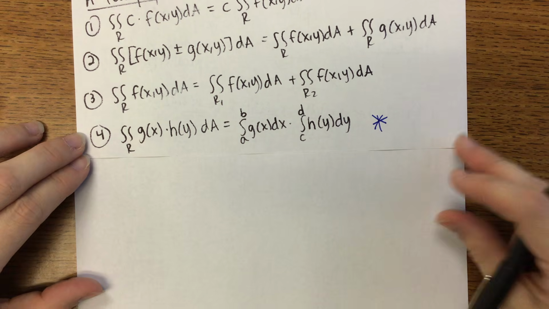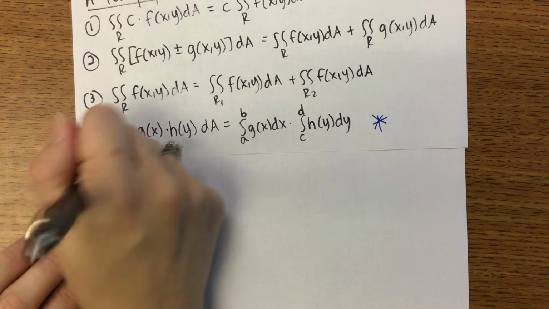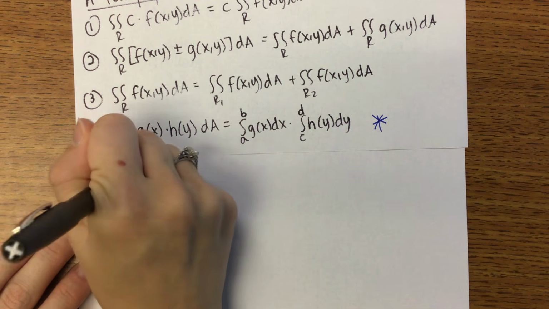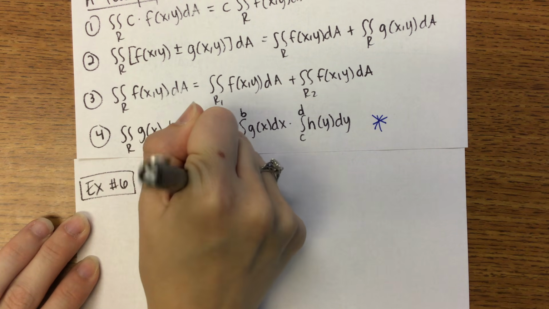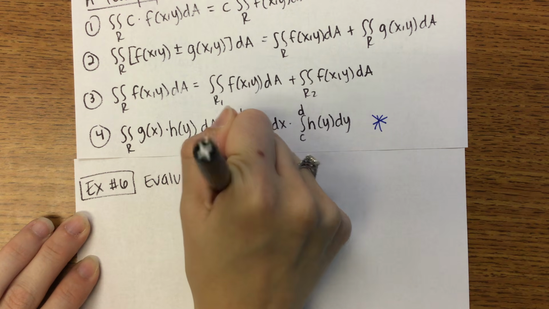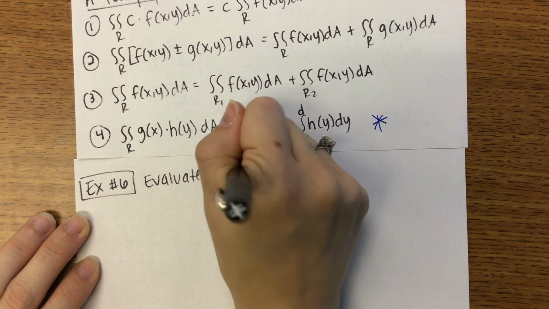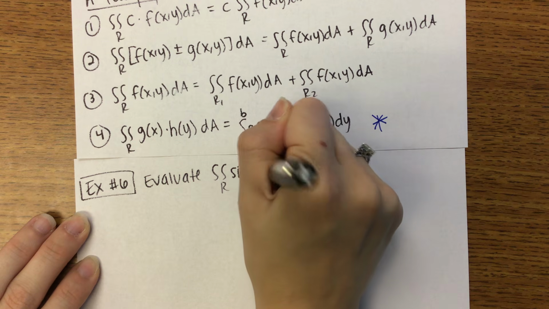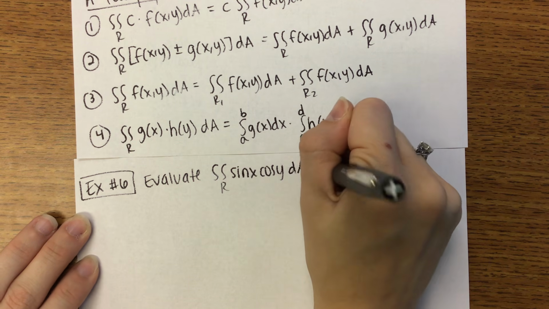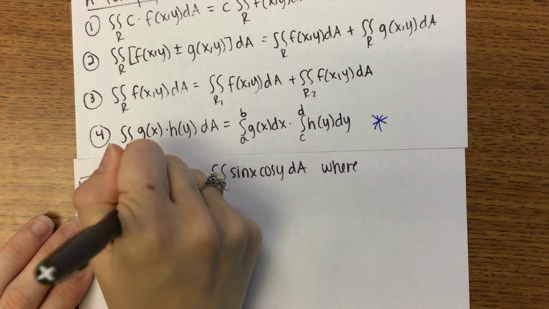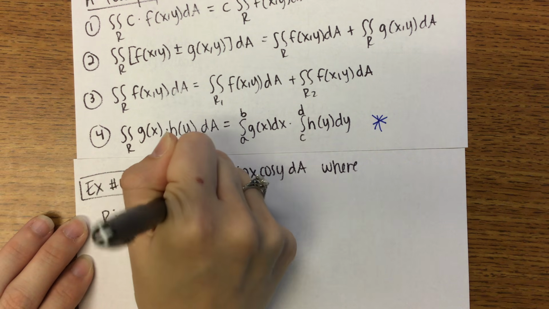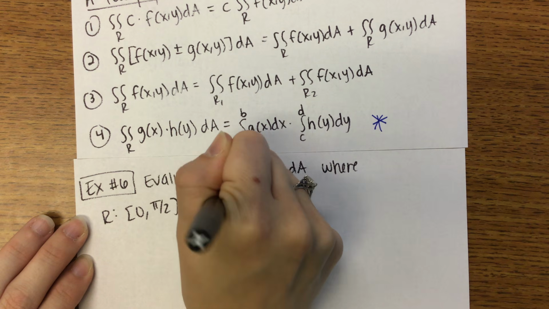For example, this next one. We are going to evaluate the double integral over the region R, sine of x, cosine of y, dA, where R is the following: 0, comma pi over 2, and 0, pi.